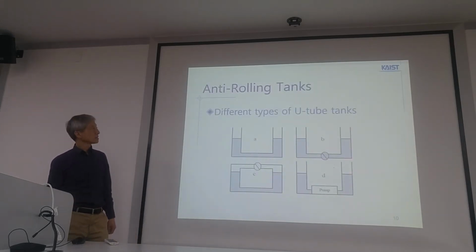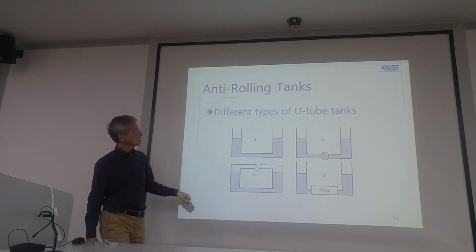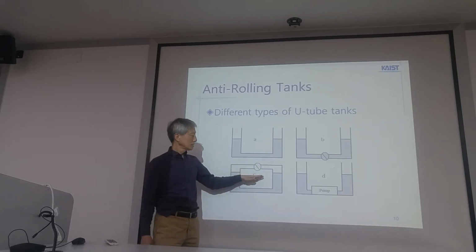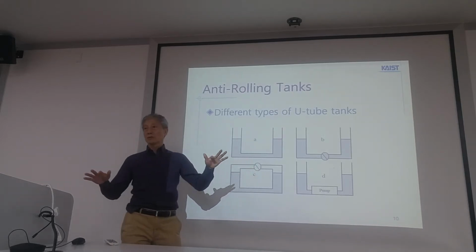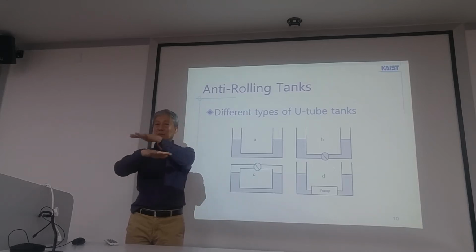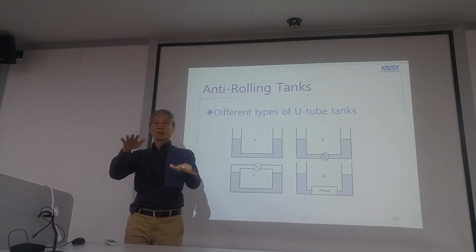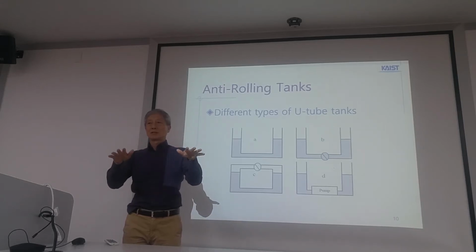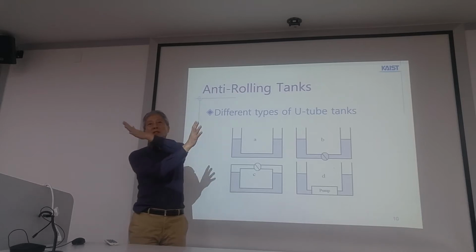And anti-rolling tanks. This is the internal water tank I showed you in the stability. There is a reverse phase, and that reduces the roll motion, if the water is going in the reverse way.